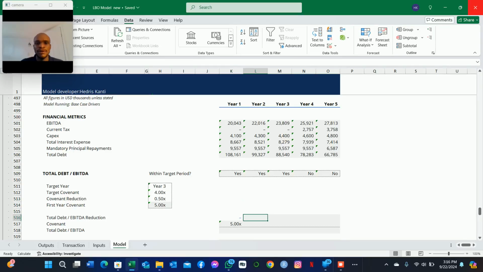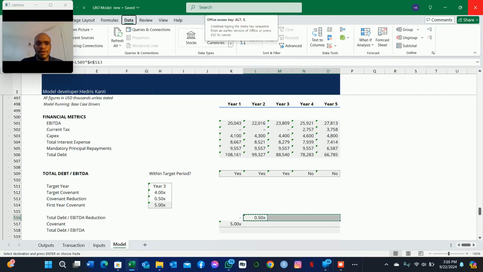So now it's gonna be equal to our covenant reduction. We're gonna take this and multiply it by the covenant reduction here. Reference that with F4, we press enter.